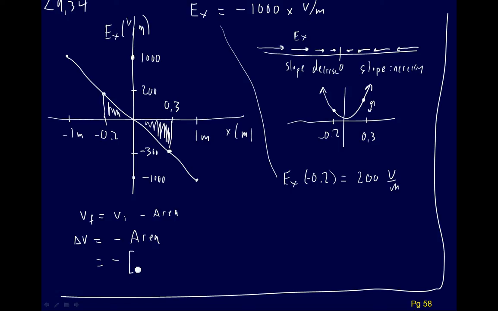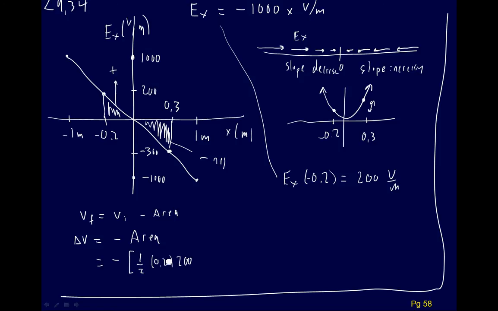It's the negative of the area under the curve. The area above the x-axis will be a positive area, and area below will be negative area. So it's 1/2 times 0.2 times 200. I'm using absolute values here because I know that first area has to be positive.